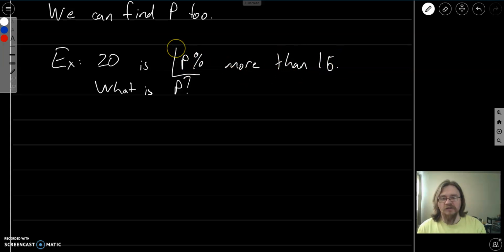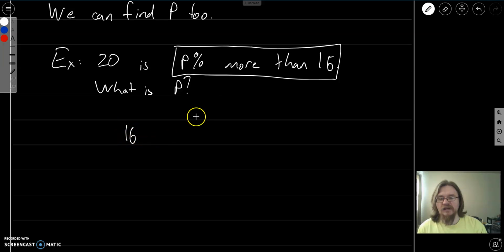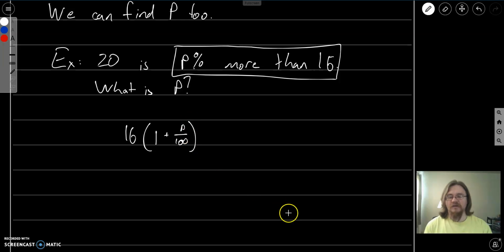So here's our phrase: p% more than 16. If I take 16 and I increase it by p%, I'm going to take 1 plus p divided by 100. Okay, so again, this is 16. I take 100% of it plus a little more. And we know that we get 20.